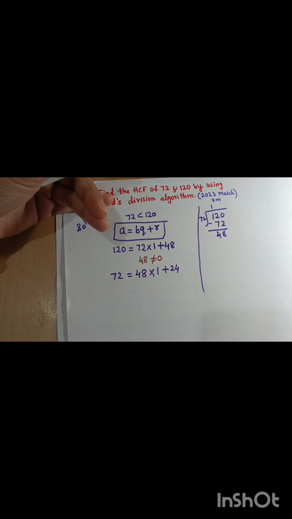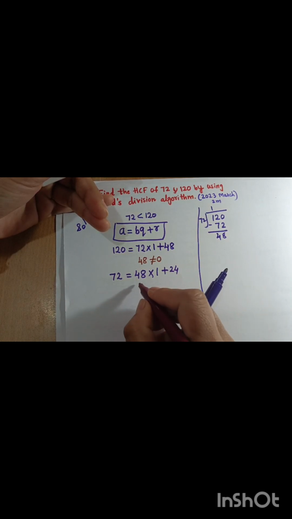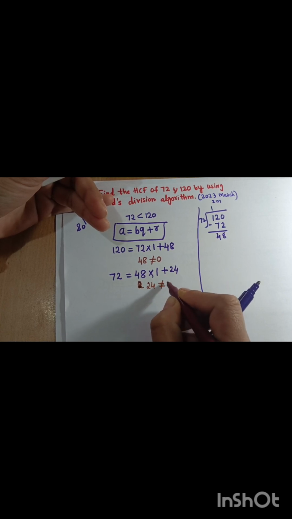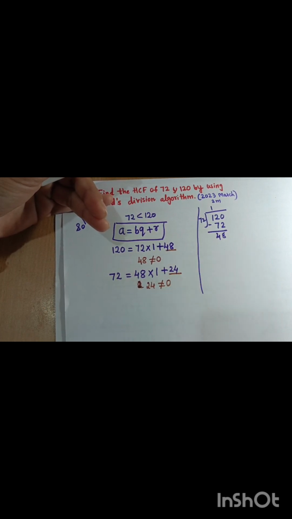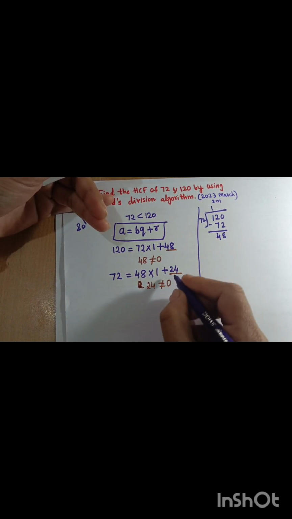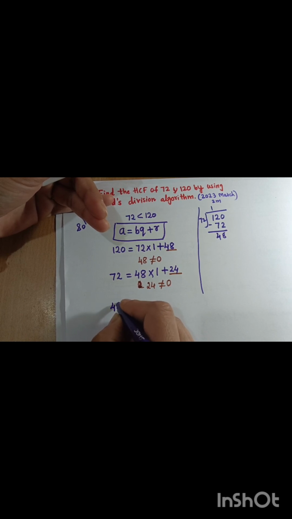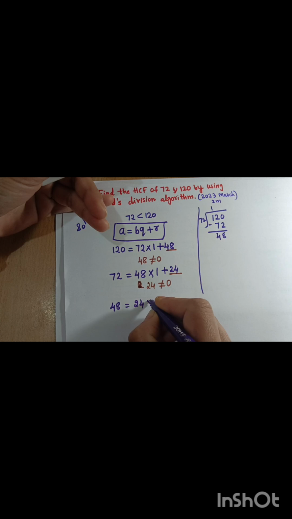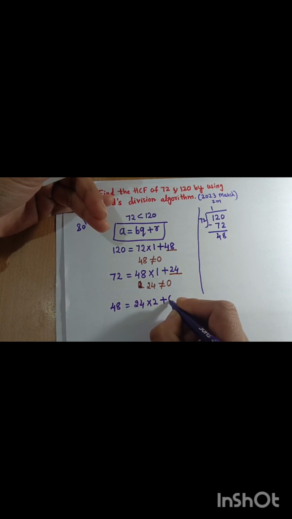Correct? So again 24 is not equal to 0. Now you take 48, and it is divisible by the 24 table. 24 twos are 48. So the remainder we get is 0.